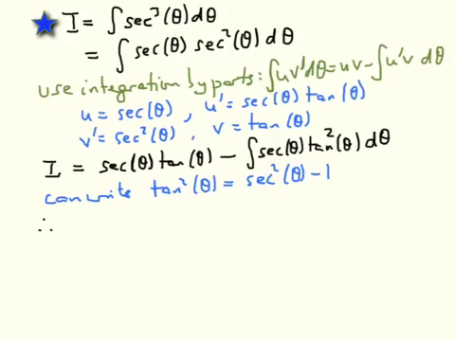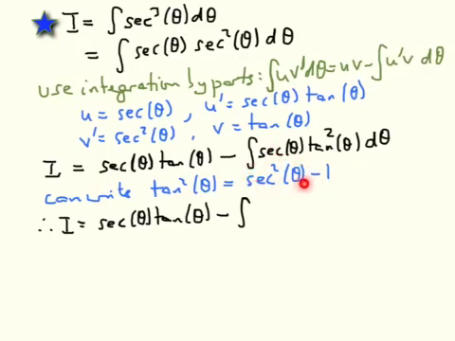So therefore our initial integral is sec theta tan theta minus the integral of sec theta times sec squared theta minus 1, which is going to be broken up into two terms.